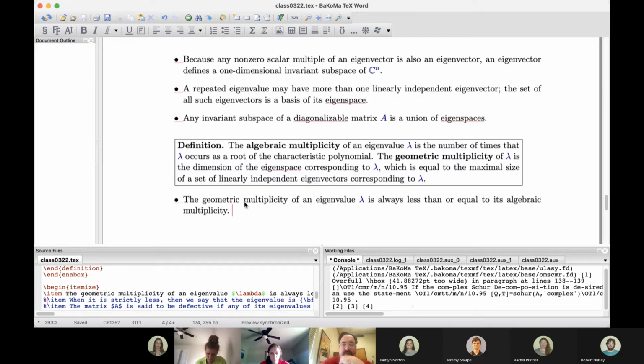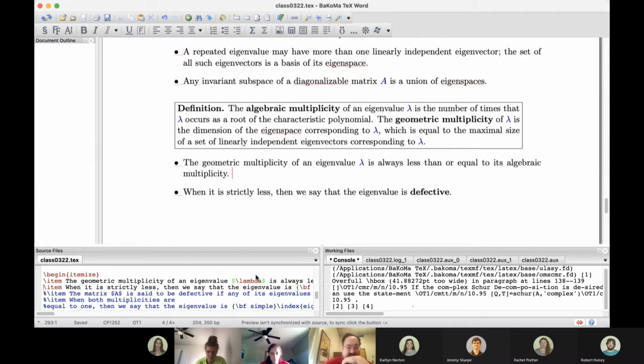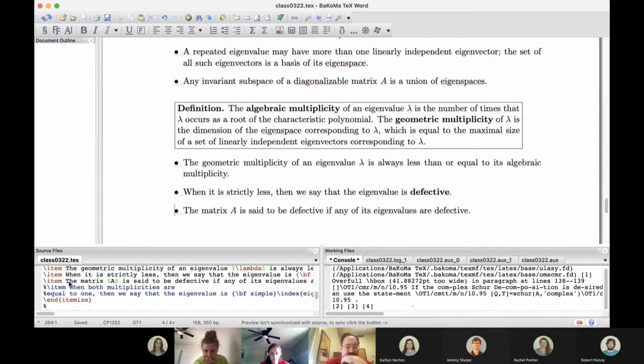So what happens if the geometric multiplicity is strictly less? You say the eigenvalue is defective. It does not have as many linearly independent eigenvectors as the algebraic multiplicity would suggest it could have. If you have any defective eigenvalue, then we say that the matrix is defective too.